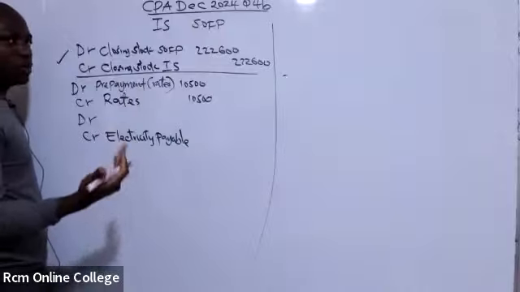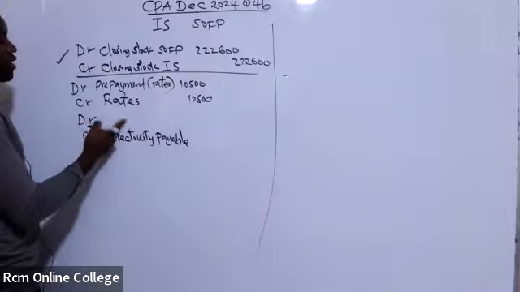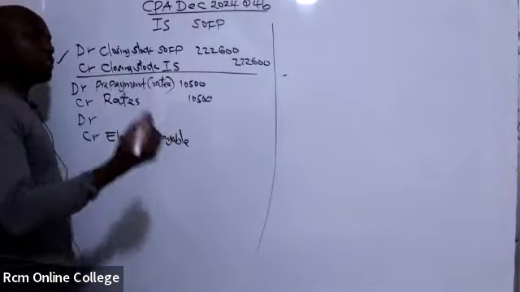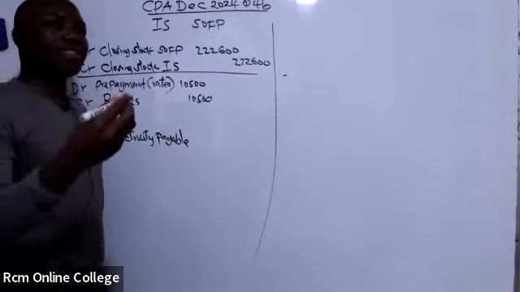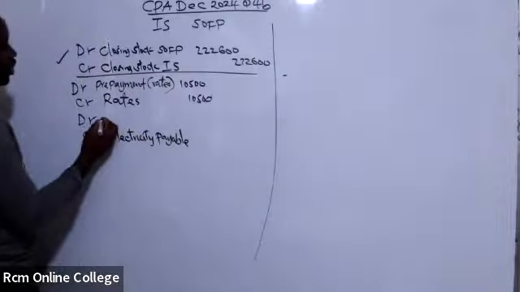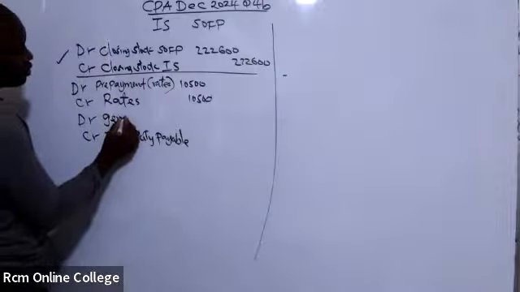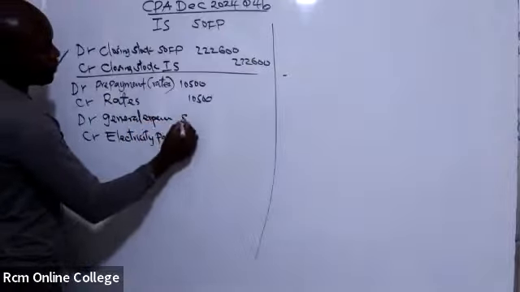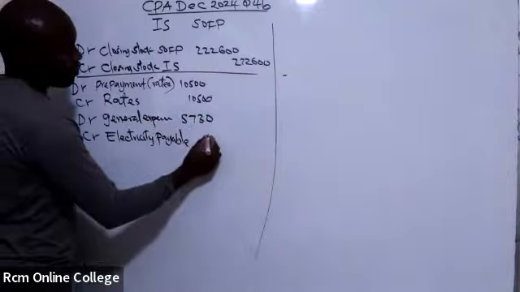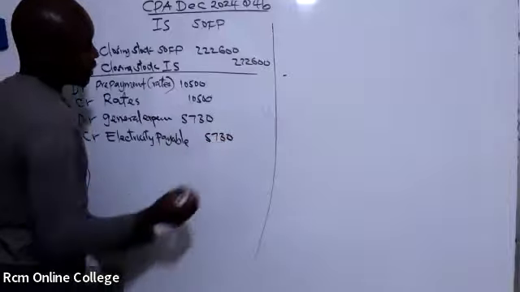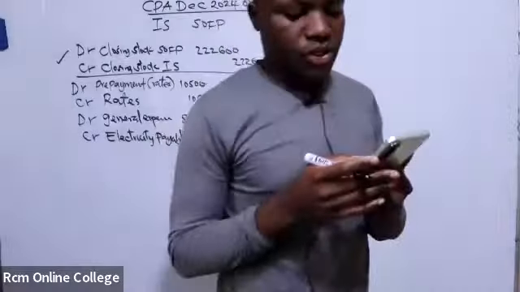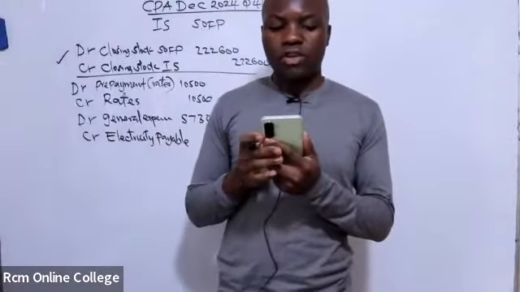So which other account will be affected? We expect the electricity expense account to be increased. But since we don't have a specific electricity expense account, where is it categorized? It is under general expenses. 5370. That is what we have in that particular section. Good. We are done with information number 3.